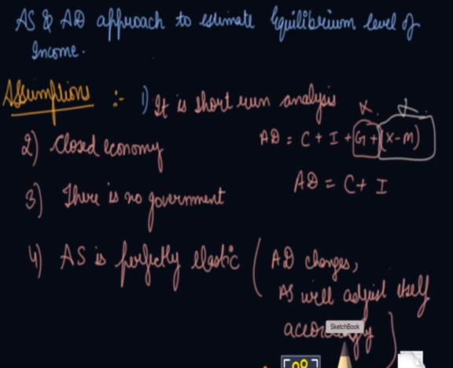If demand has increased in the market, which means supply is less, producers will start producing more and increase the supply. So aggregate supply has again adjusted itself according to aggregate demand. These are the assumptions we take while analyzing the equilibrium of income or output when aggregate supply is equal to aggregate demand.